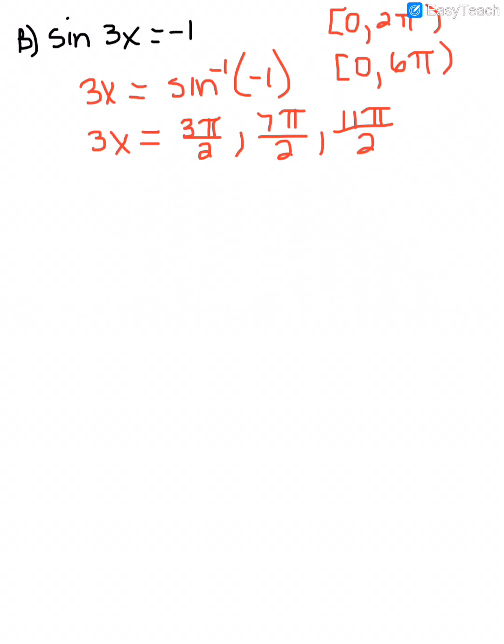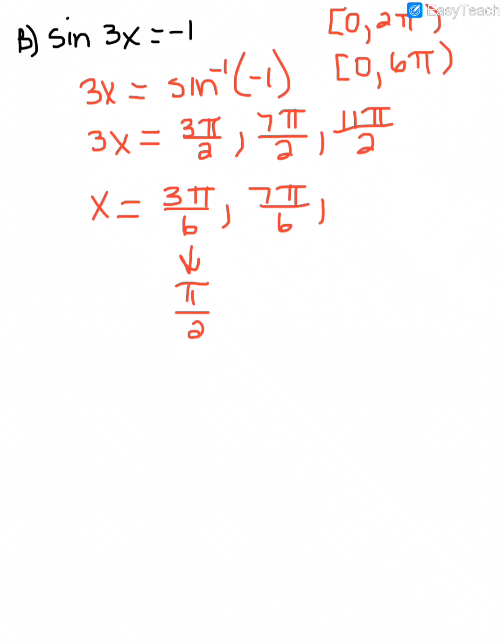Now we need to solve for x, and to do that, we divide both sides of the equation by 3. When I divide a fraction by 3, I'm actually multiplying by 1/3. So this would give me x is equal to 3 pi over 6, which of course would reduce to pi over 2, 7 pi over 6, and 11 pi over 6.